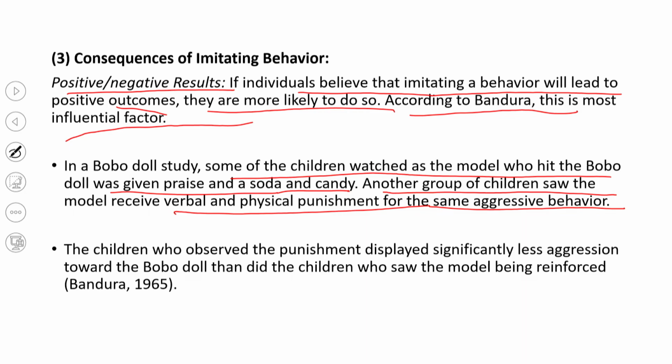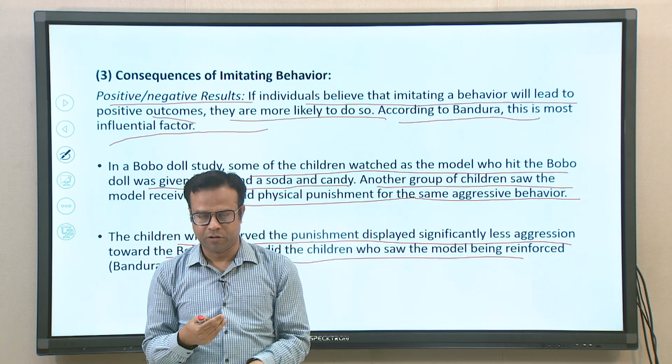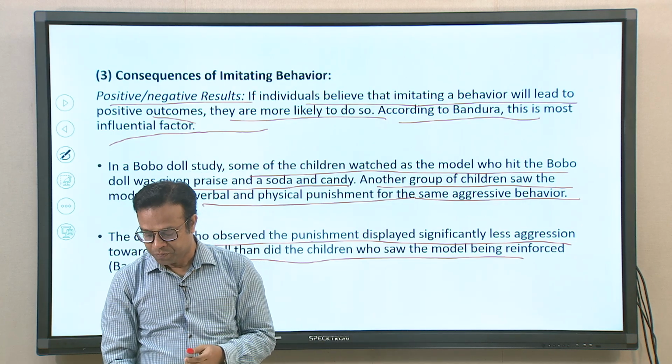Then what was the result? The children who observed the punishment displayed significantly less aggression towards the doll than did the children who saw the model being reinforced. So, what is the outcome that they think will happen if I do this action? That will also influence whether they will imitate that action or not.